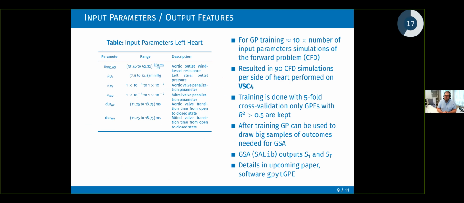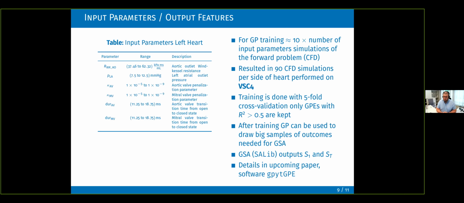You train this GP by defining a suitable Latin hypercube sampling of your input parameter space, and running a certain amount of CFD simulations. With that, you train your GP model, and then you can use this GP model instead of doing CFD simulations to draw as many samples as you want to do global sensitivity analysis.